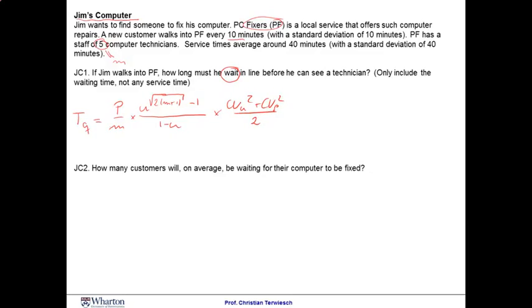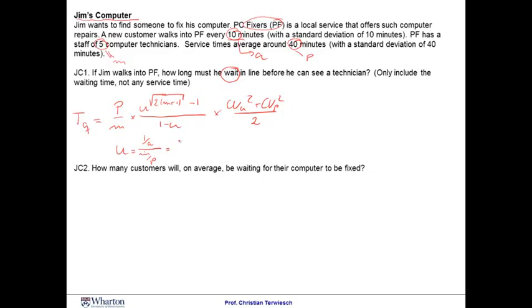Alright, so now let's look for what's easy and what is hard. We clearly see that there's a customer walking in every 10 minutes, so that is the inter-arrival time a. We have the service time p of 40 minutes. And so we can first compute the utilization as the flow rate, which is 1 over a, divided by the capacity, which is m over p.